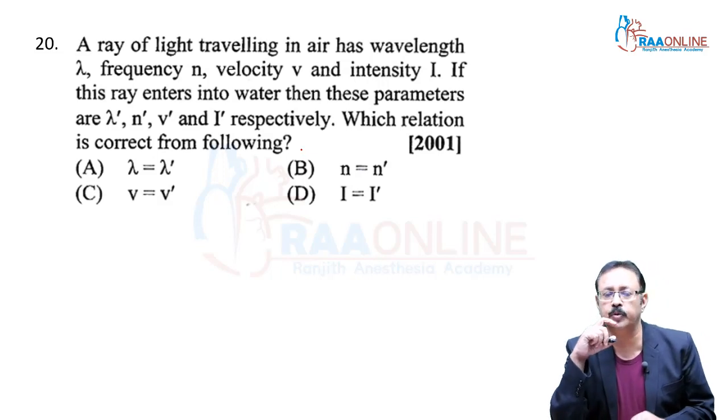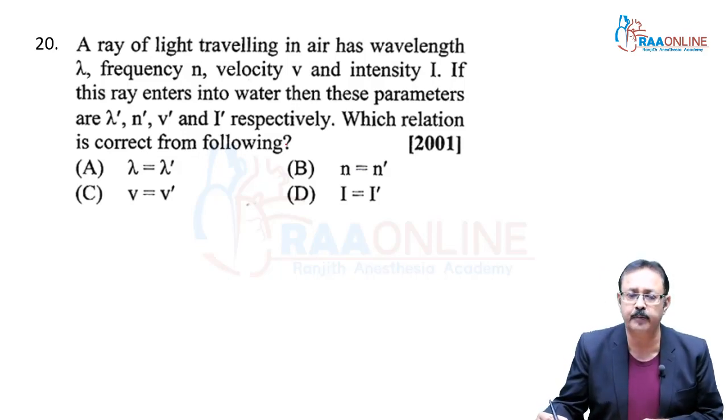Next, it is from 2001 AIPMT. A ray of light traveling in air has wavelength lambda, frequency, velocity v, intensity I. If this ray enters into water, then these parameters change. Which relation is correct? We know that when light is entering from one medium to another, frequency remains the same.